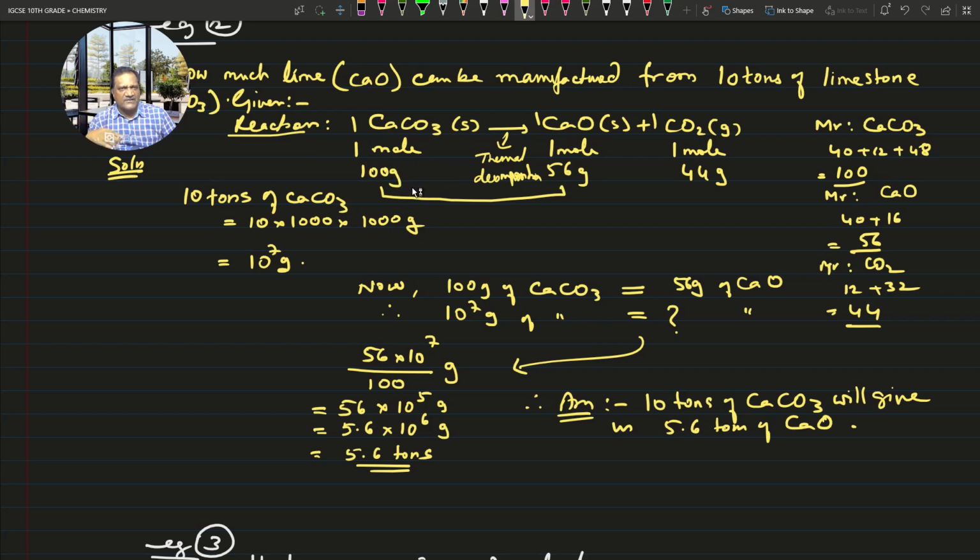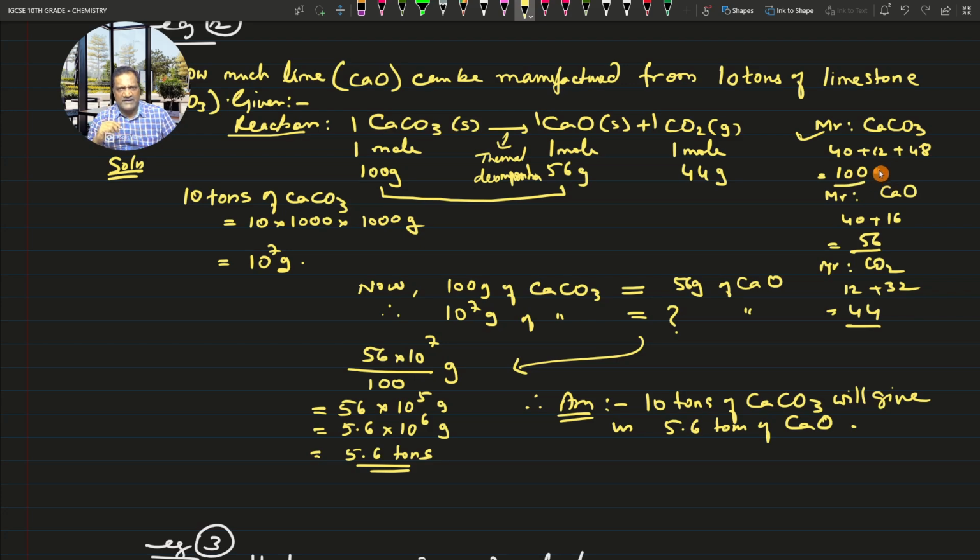Now, in terms of gram, let me write calcium carbonate in terms of gram. How will I write 1 mole of calcium carbonate? So I'll go for calcium, that is 40. It's written over here. MR of calcium is 40. Then carbon it is 12, and oxygen, because there are 3 oxygen, so 16 threes are 48. So 40 plus 12 plus 48 works out to 100.